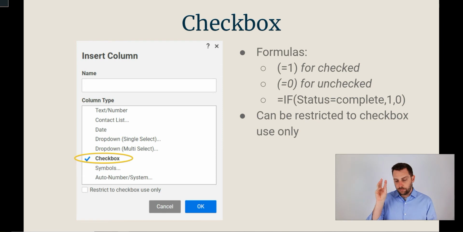You could have your checkbox column automatically check off if the status column was complete with this formula right here. Equals if status equals complete, this 1 would represent the true value, meaning if this is true, a 1, if it's false, a 0. This would result in a checked box if the status was complete. Again, this can be restricted to checkbox use only or not. It's up to you. You just check this little box right here.